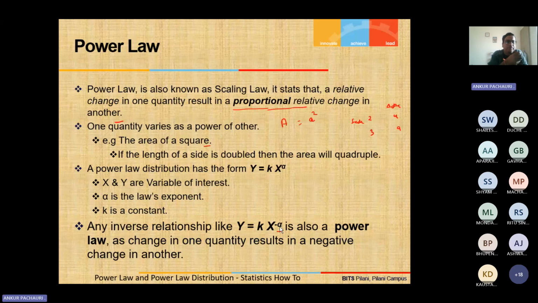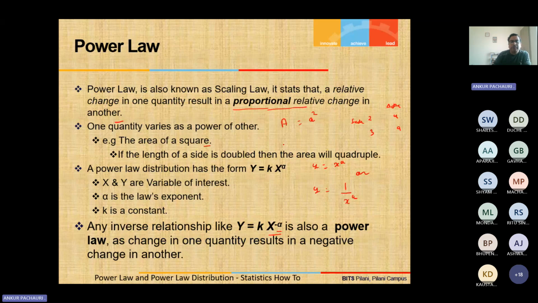So either in this way or in that way: y equals x to the power a, or y equals 1 upon x to the power a. x to the power a is directly proportional, 1 by x to the power a is inversely proportional. So either in a positive direction or in a negative direction, if this relation holds, we call it a power law.